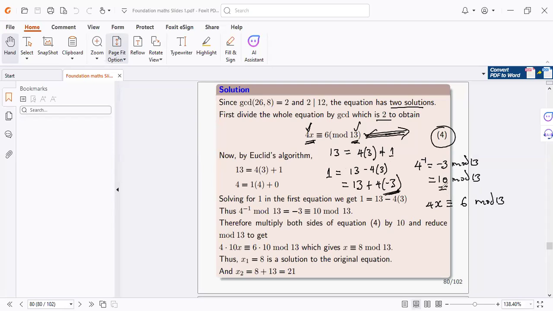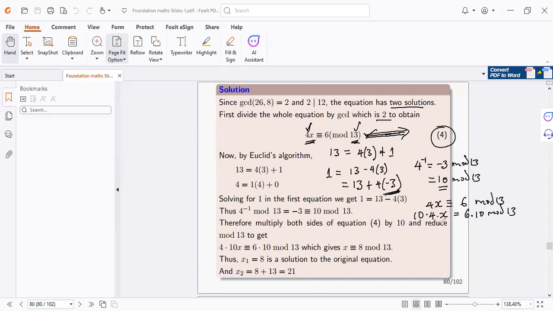So I multiply both sides of this equation by 10. So 10 multiplied by 4 multiplied by x would be the same as 6 multiplied by 10 mod 13. I know what 10 times 4 gives me, because 10 is the inverse of 4.